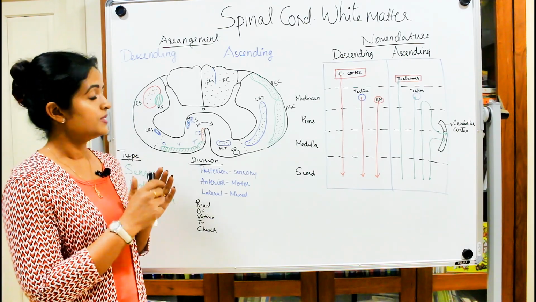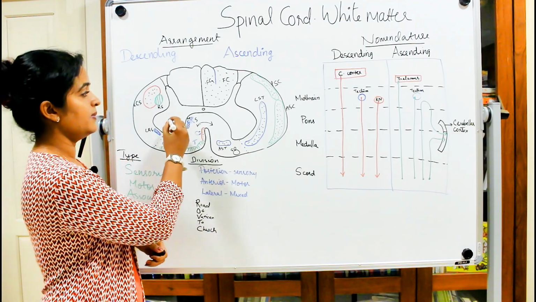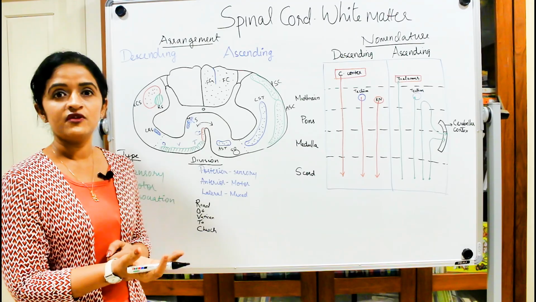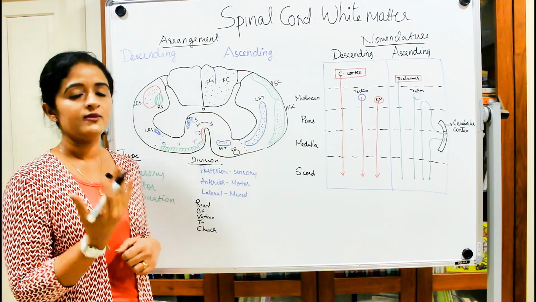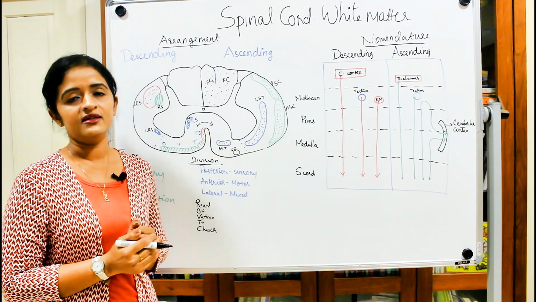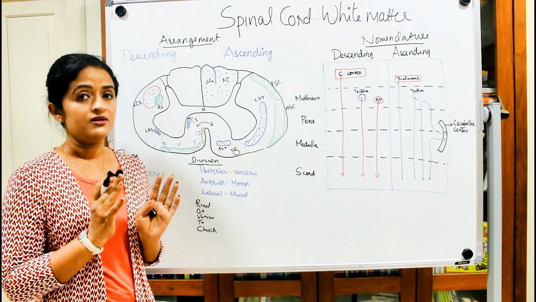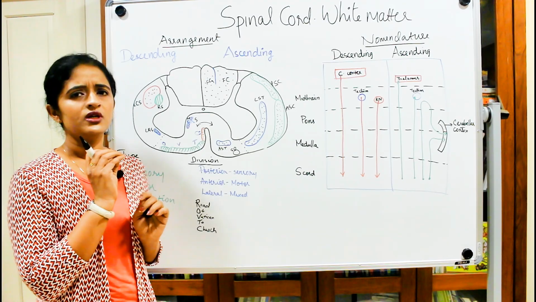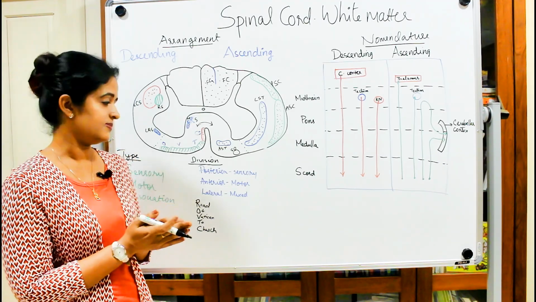When we discussed about the grey matter of spinal cord, we have seen that the grey matter is somewhat arranged in the form of an H, and the white matter fibers will be arranged around the grey matter. That means the white matter is outside and the grey matter is inside. Now the white matter mainly consists of myelinated nerve fibers. That is the reason why it gives somewhat white color. That is the reason why we call it as white matter.